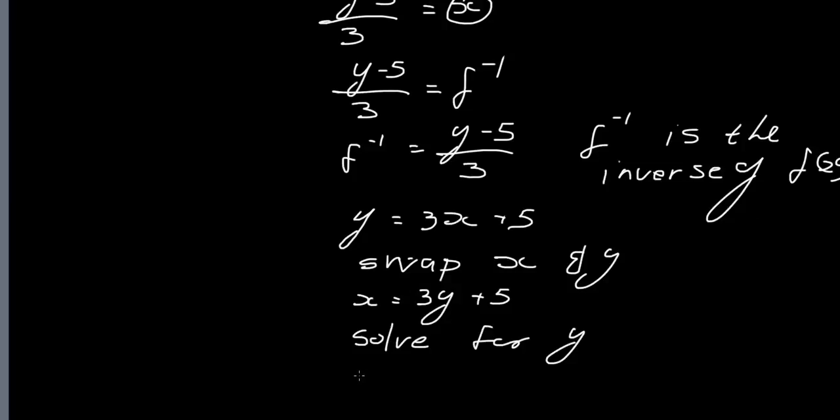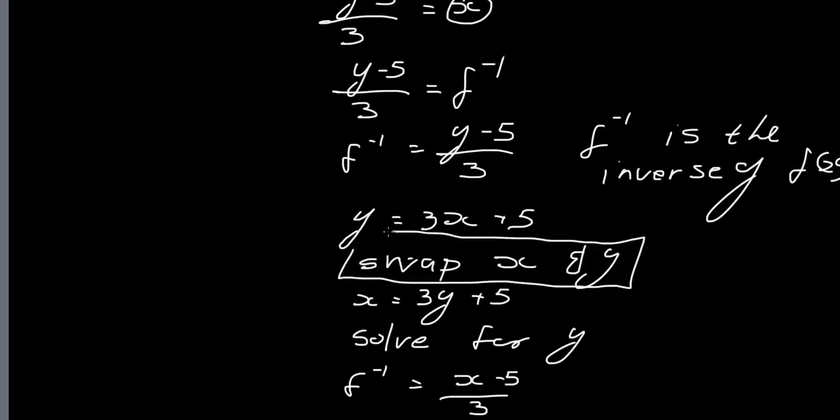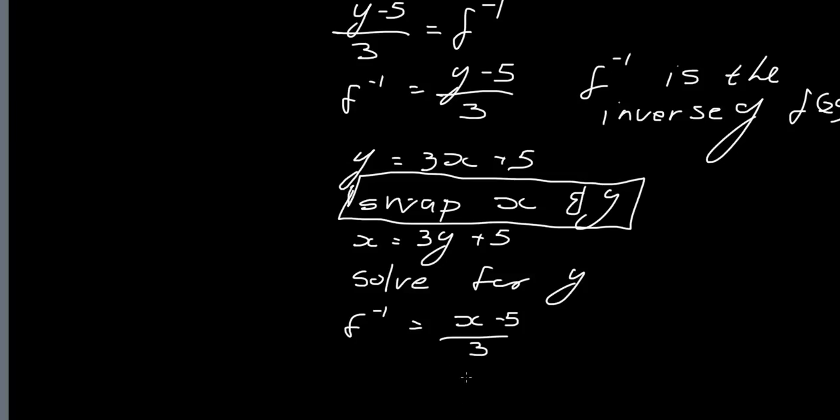So you end up with f inverse equals x minus 5 over 3. Okay, I advise that you actually do this where you swap the x and y. So to find the inverse, take your original function, swap x and y, and then solve for y again. And once you've solved for y, you will have f inverse. And that's all there is to it.